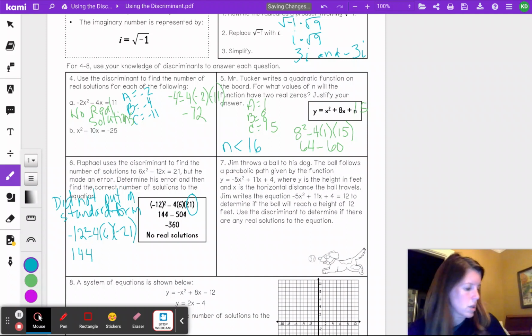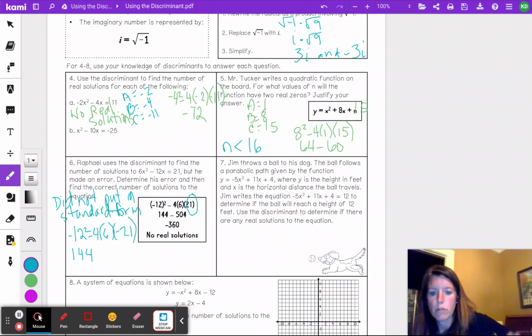And then, let me get my calculator. 24 times 21, there we go, 504. Plus 504, plus 144. I should be able to do this in my head, equals 648.